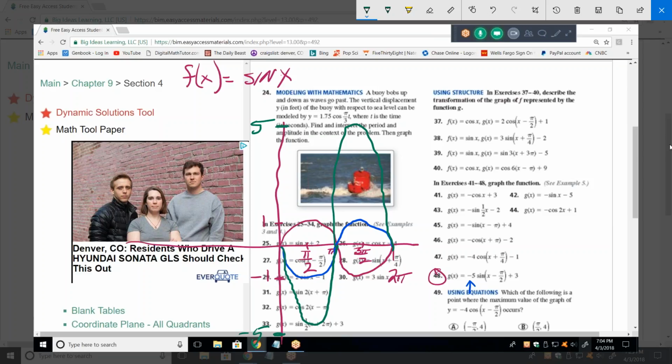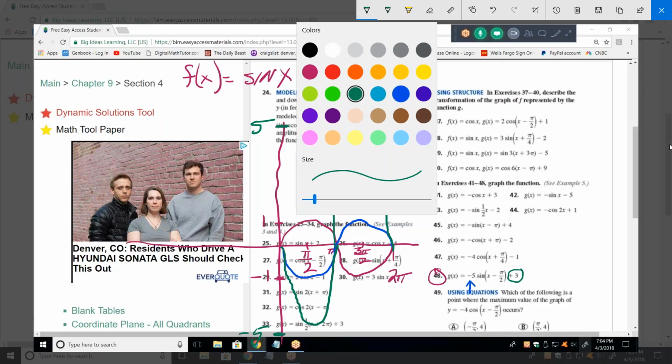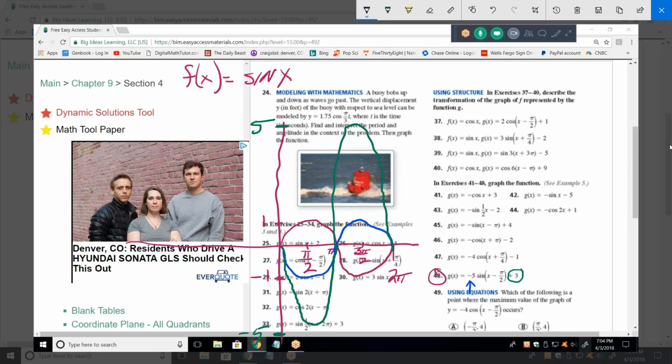Okay, the next thing to best handle is probably the vertical, because we want to do the phase shift last. So the vertical shift, what am I going to do? Which color curve and what am I going to do with it? So it's going to start back at pi over 2.